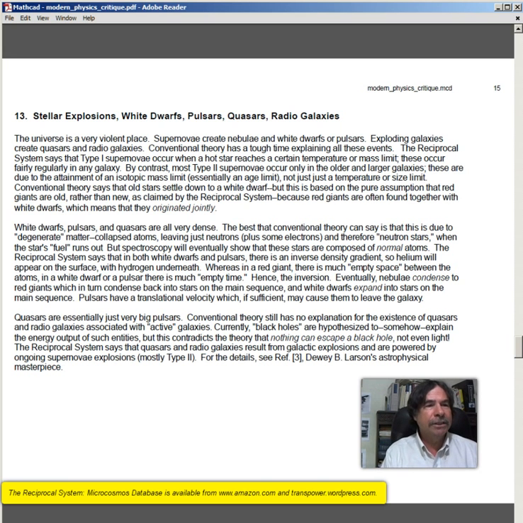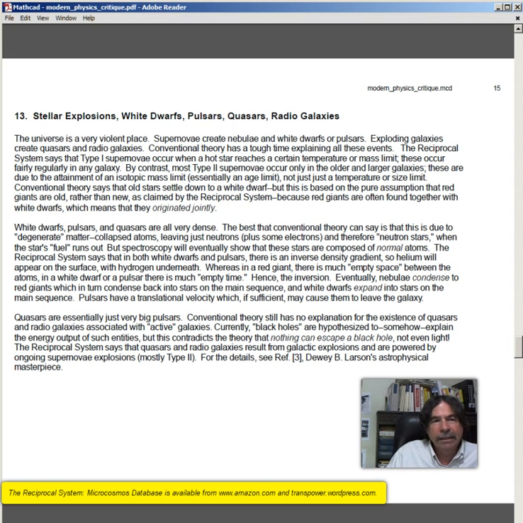The reciprocal system says that type 1 supernovae occur when a hot star reaches a certain temperature or mass limit. These occur fairly regularly in any galaxy, and really they're quite all alike. By contrast, most type 2 supernovae occur only in the older and larger galaxies.